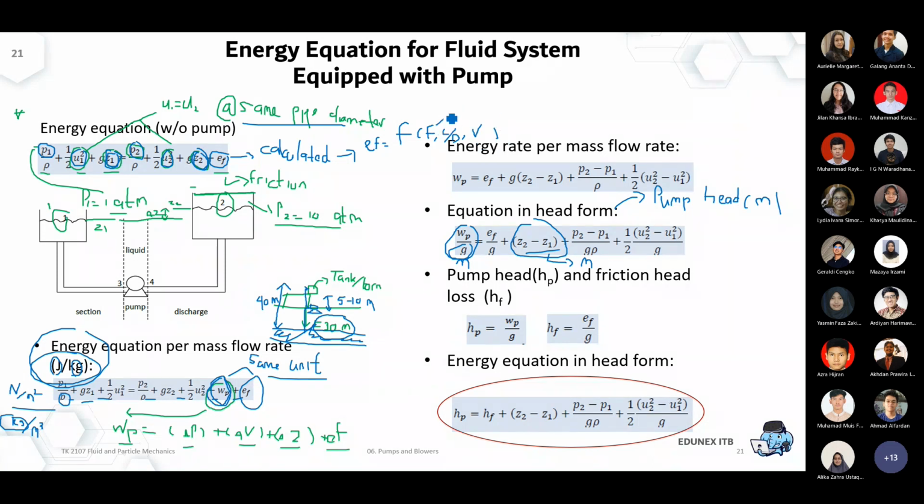So that's the fanning factor. Hopefully Pak Wawan already explained it to you. You know the system, the density, the Reynolds number, the straight pipeline length, the diameter, the roughness, and so on. So you can calculate the EF, and then don't forget to put the EF into the generic energy equation.